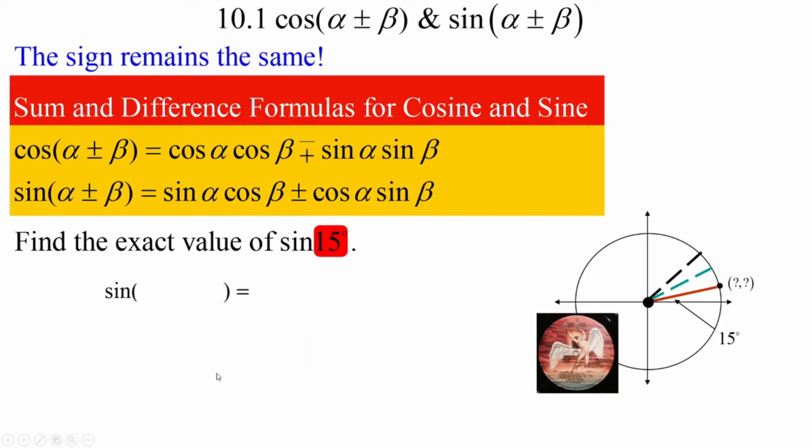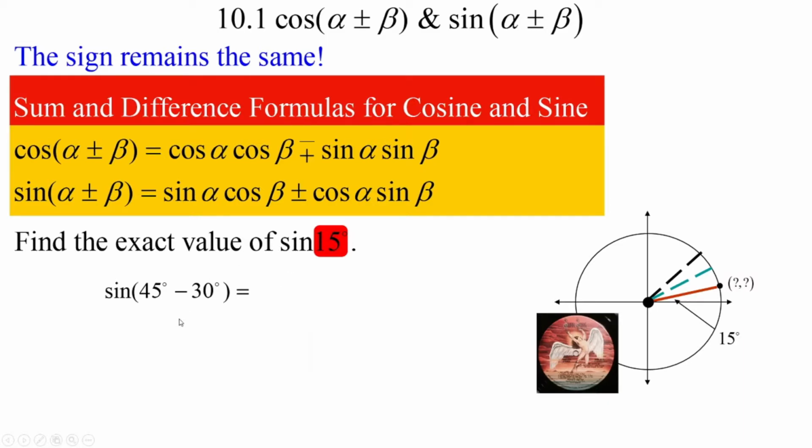So we're going to say sine of alpha plus or minus beta, and a plus or minus. So I'm going to go 45 minus 30. That would give me 15. So see this 15 degrees right here? How about 45 minus 30 degrees? Well, those are equivalent.